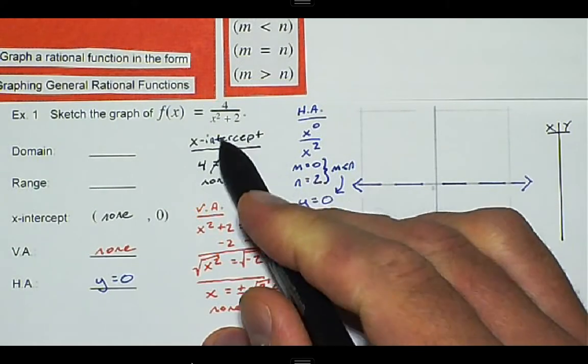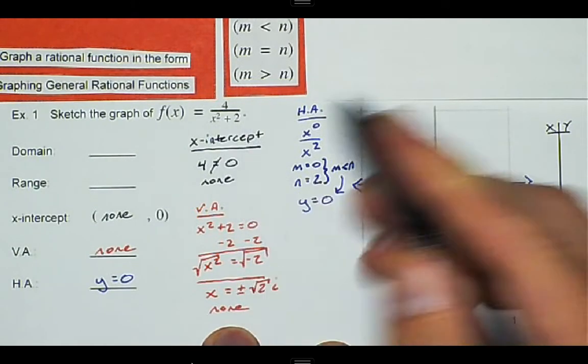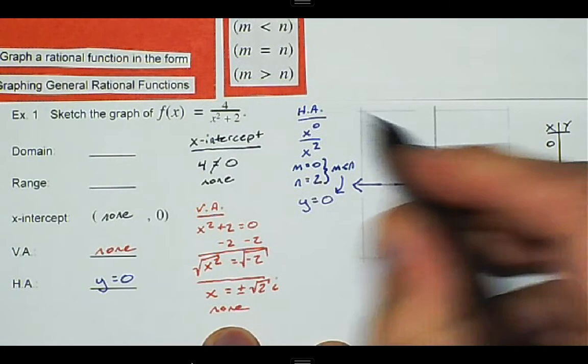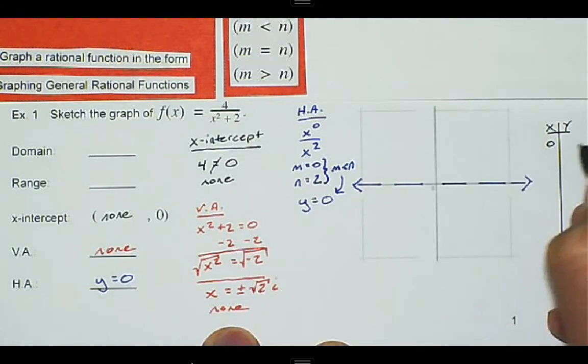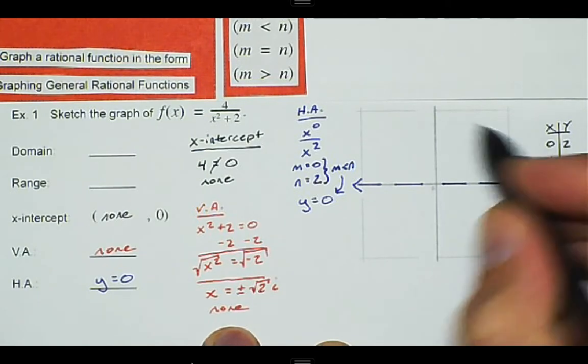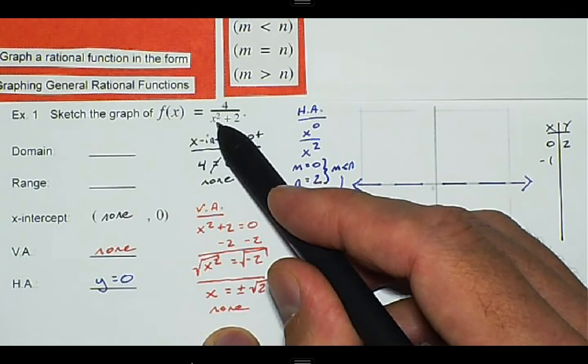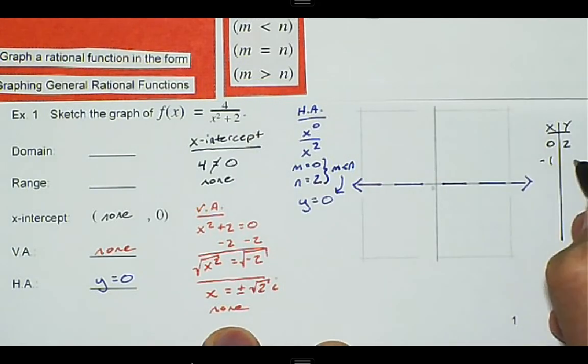What would be some good values to substitute in here? 0 would be a good one. So if I substitute in 0, I'm going to get 4 divided by 2, which is 2. Try negative 1. Negative 1 squared is 1, so that would be 4/3. 1 would also be 4/3.